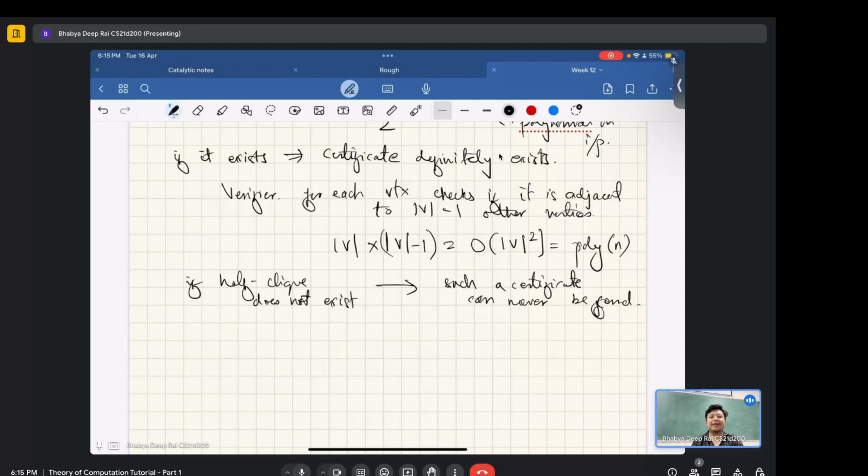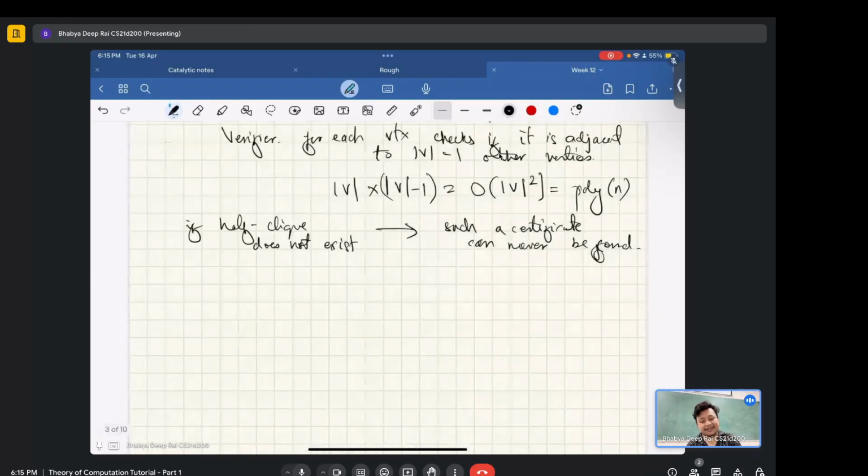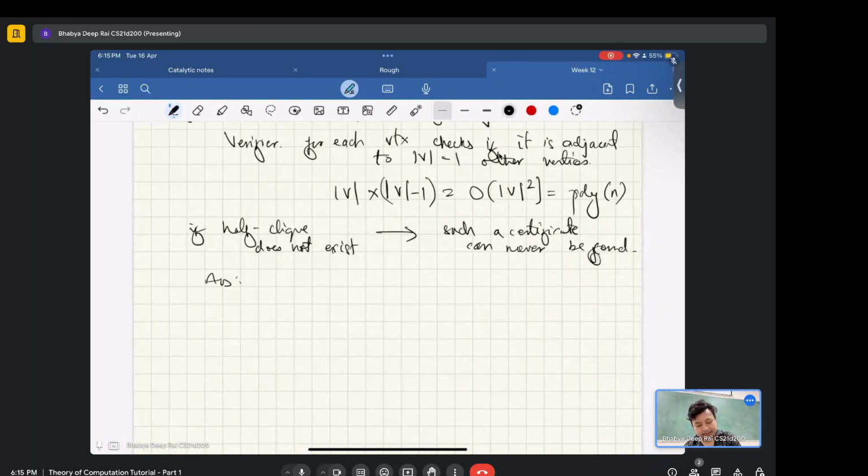Because the certificate I'm giving you itself is the set of vertices that forms a click, but now I'm saying that such a click does not exist. So you can never fool the verifier. So yeah, half click is in NP.